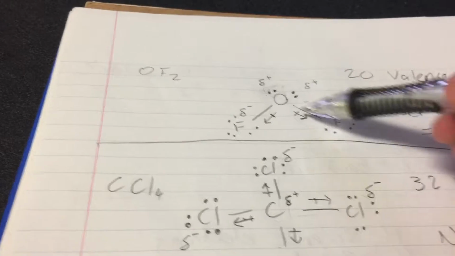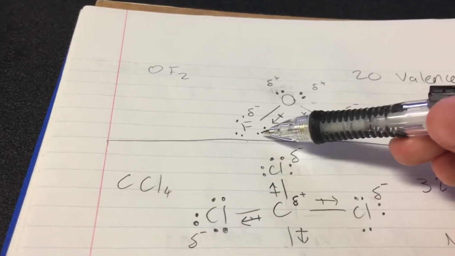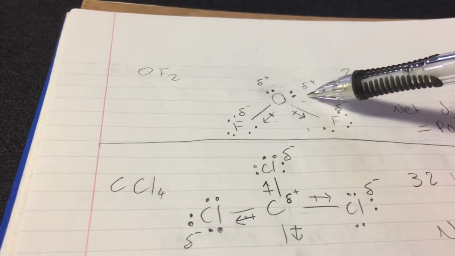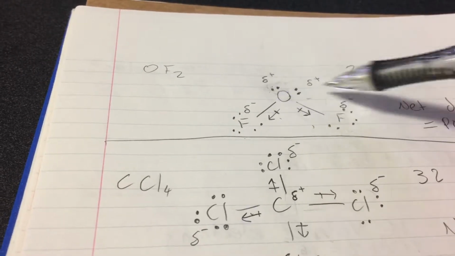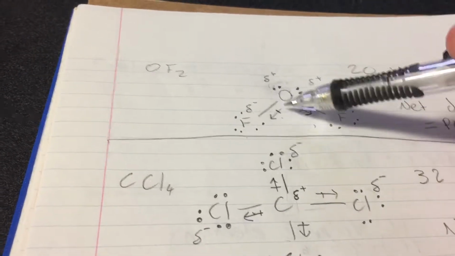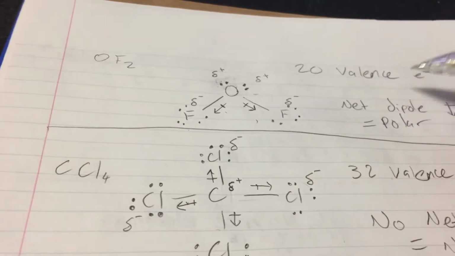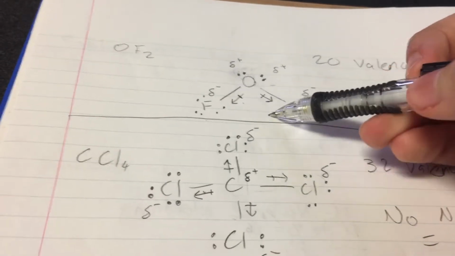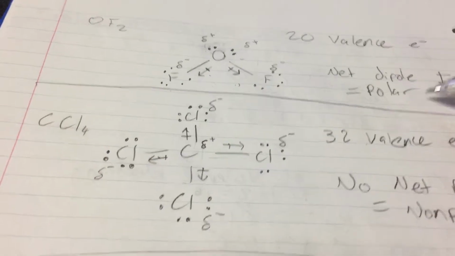So the bond dipoles are going to be once again facing the electronegative atom, which is fluorine. So they're going to be like that. And because of the lone pairs being there, it changes the molecular geometry, and it makes it bent. And as a result, since it's bent, it makes the net dipole go downwards. These dipoles don't cancel, and as a result, the molecule is polar.